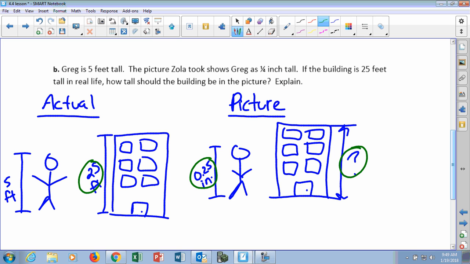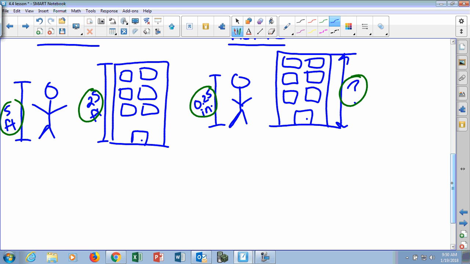Right, the 0.25. So how are we going to set this up as a ratio? X over 25? So you're going to use a similar side to the building's? Okay. And?